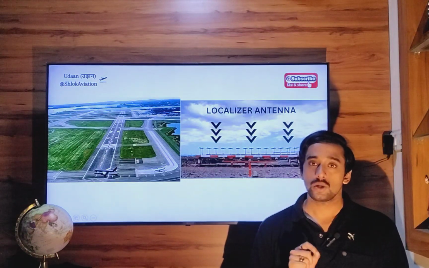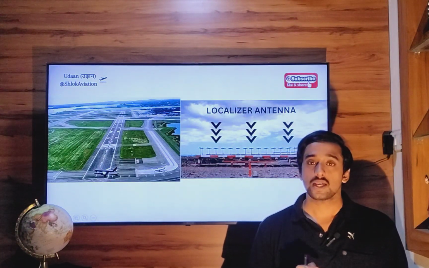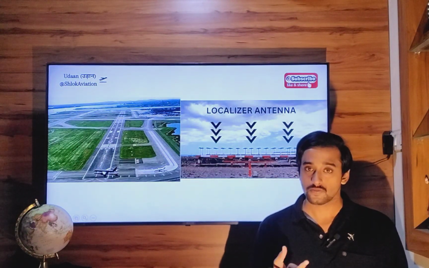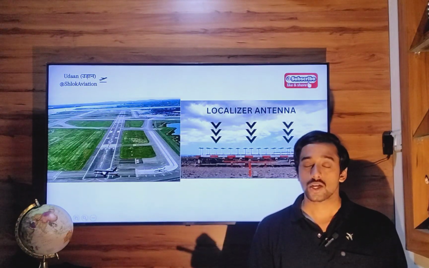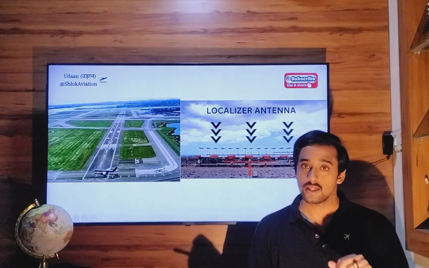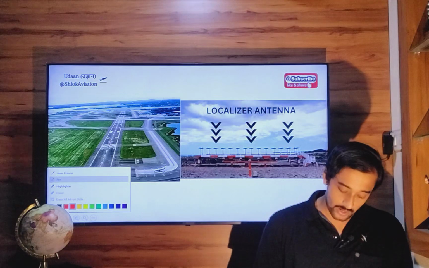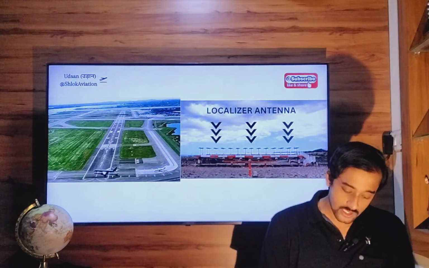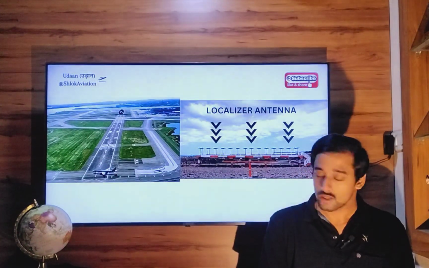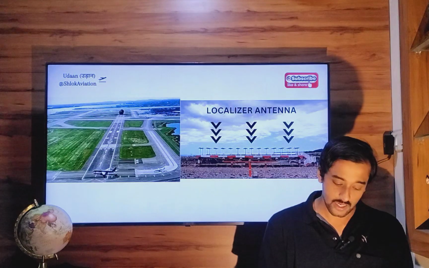So if runway 22 is in operation, the ILS localizer that is transmitting the localizer signals will be situated on the opposite end of the runway, somewhere here.